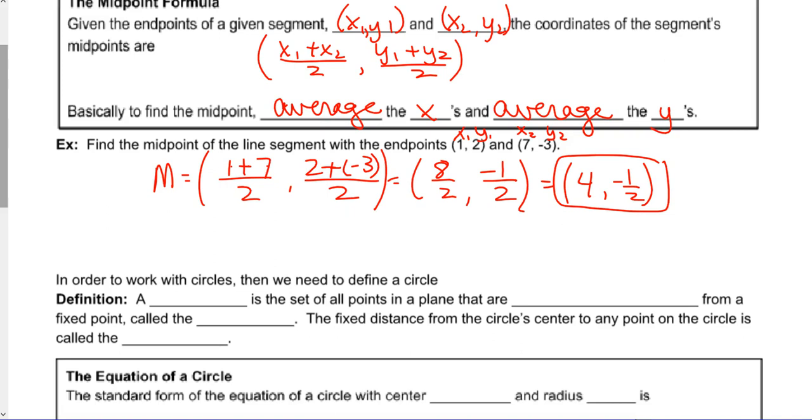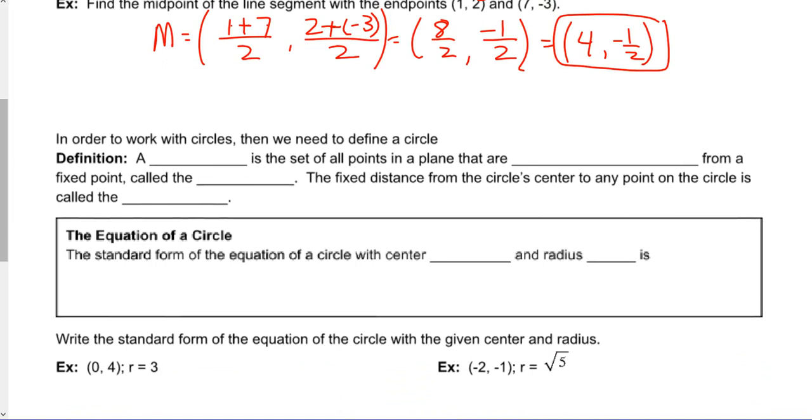So we now are moving into the idea of our algebraic equation for a circle. Okay? So we have a definition of a circle, and hopefully I can shine some light on how we found the equation of that.